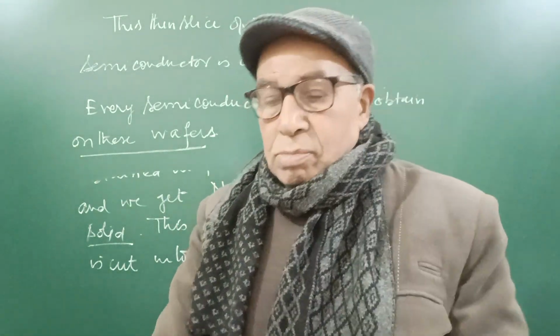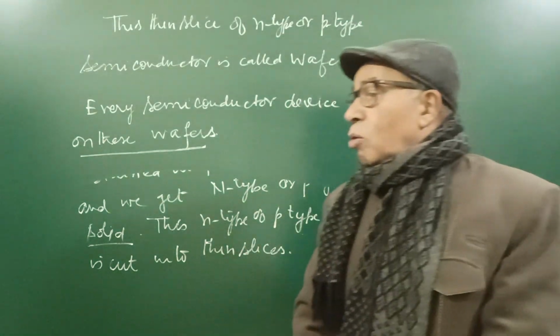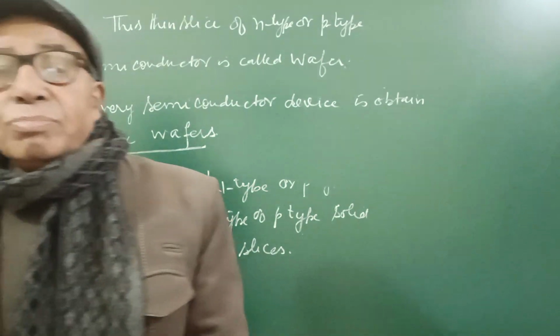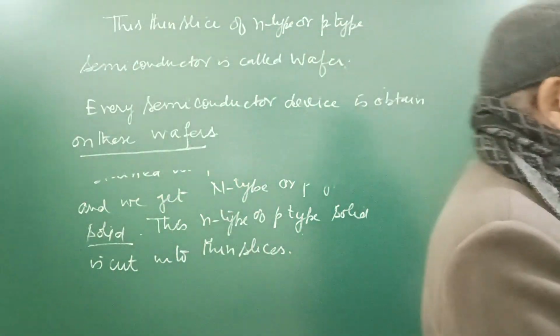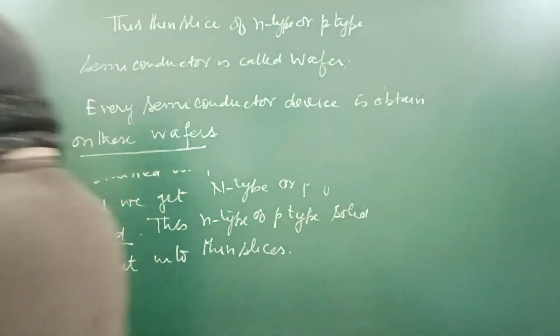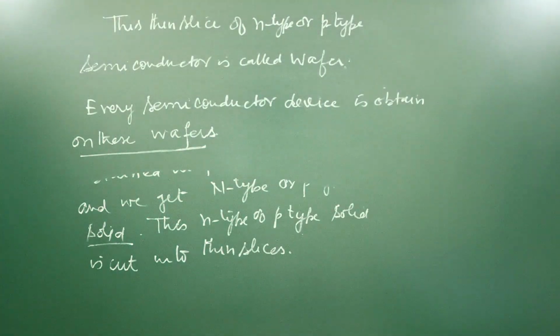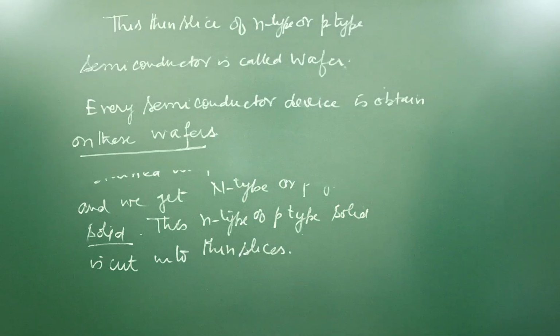Just like steel is an alloy of iron and carbon, and nichrome, I have told you. Those are all alloys, obtained the same way.